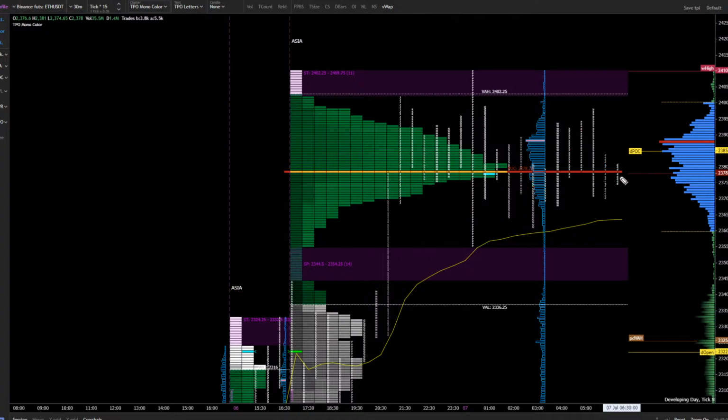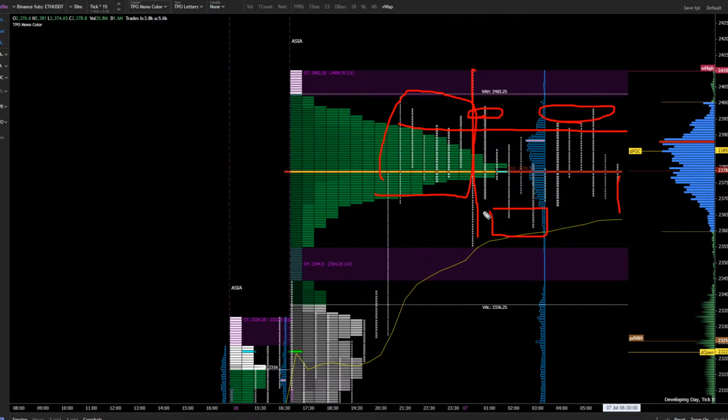As price gets back close to these people's entries, I imagine all of these people are wiped out by this bar right here. But there are for sure people that got long here, and people getting short right here, hoping for this breakout. If we get responsive buying off of the VWAP, these people are going to get crushed.